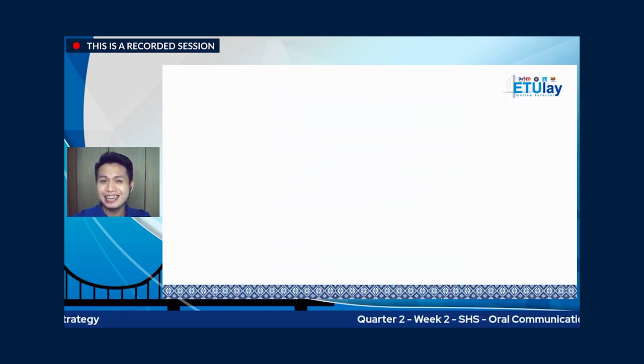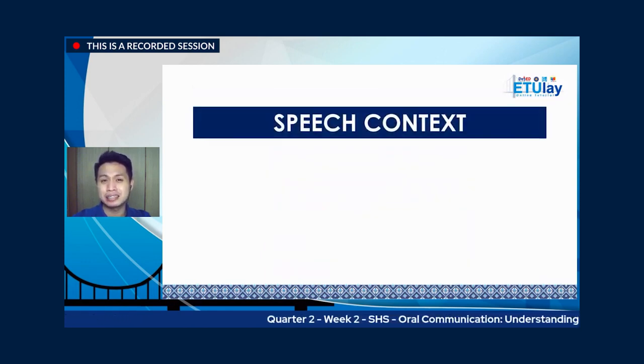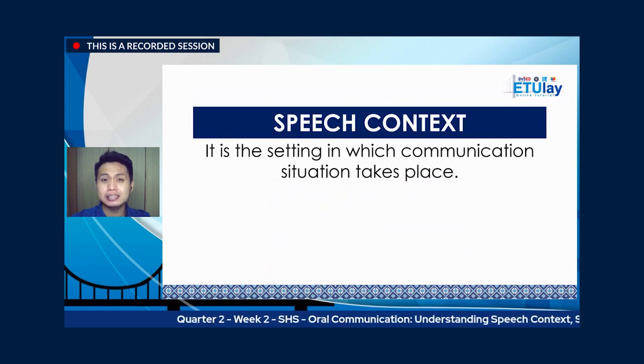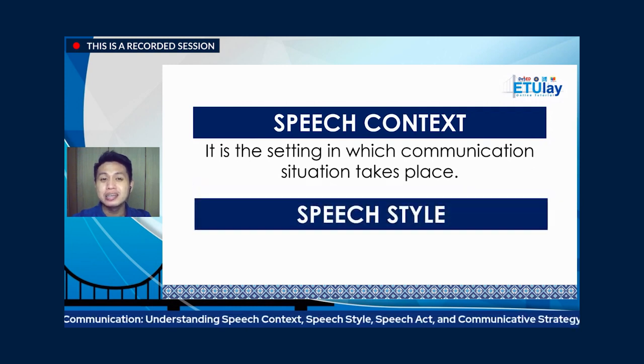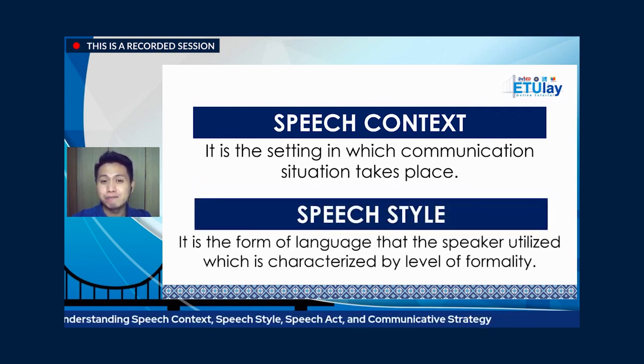First on the list is speech context. Speech context is the setting in which a communication situation takes place. We have the second one, speech style. It is the form of language that the speaker utilizes, which is characterized by level of formality.